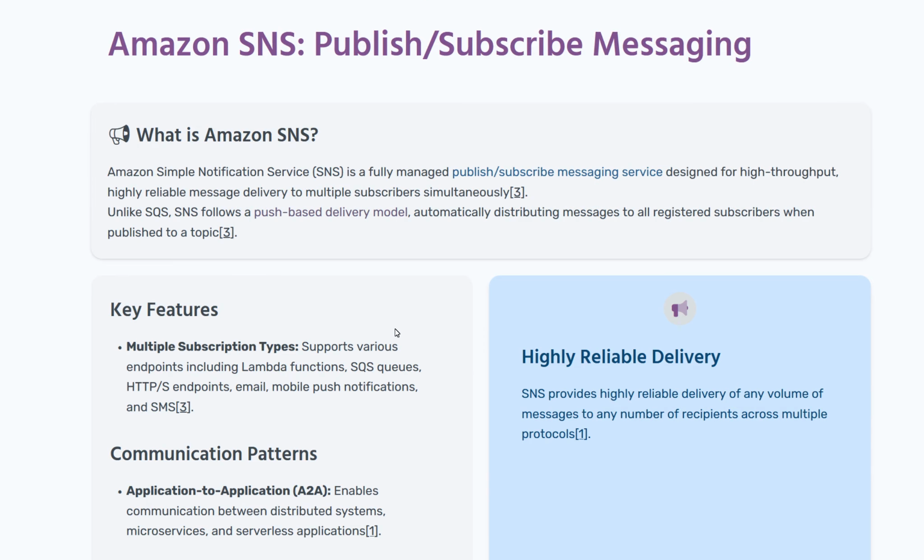SNS, publish and subscribe messaging. SNS is a fully managed publish-subscribe messaging service designed for high throughput, highly reliable message delivery to multiple subscribers simultaneously. Unlike SQS, SNS follows a push-based delivery model, automatically distributing messages to all registered subscribers when published to the topic.